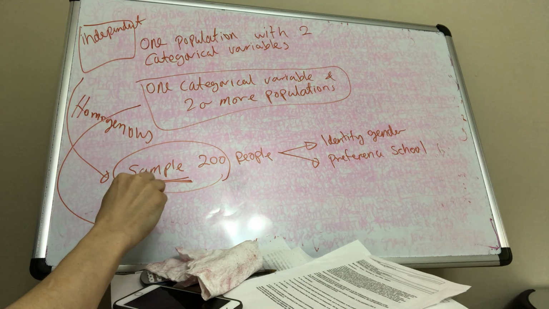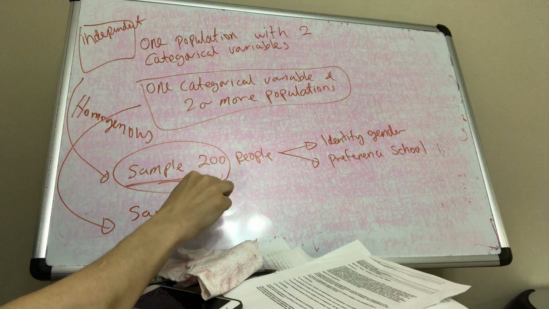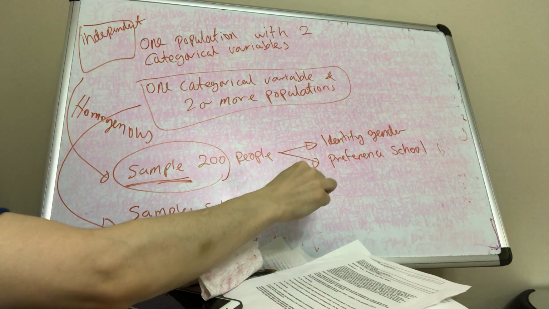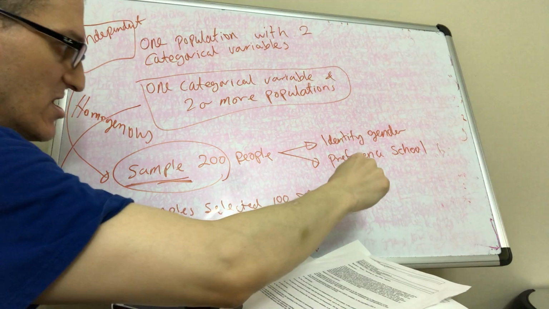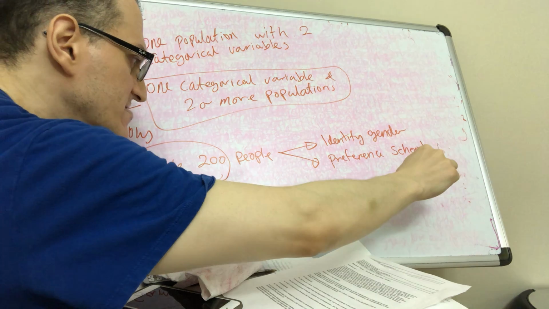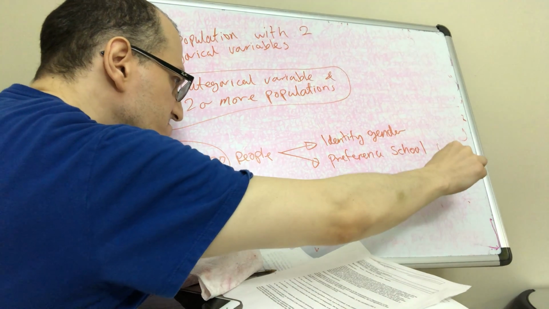Something like you have samples selected, 100 from St. Mary's, 120 from Dal, and 80 from the Mount.